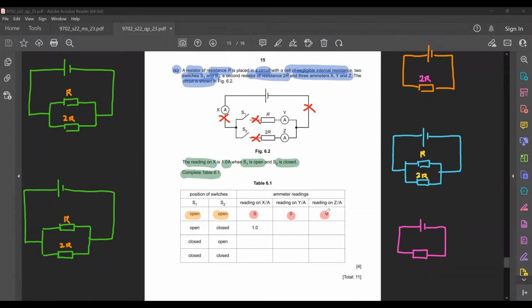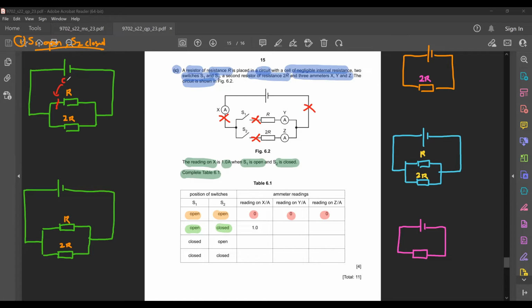Now, if you then look at the next row, where they say S1 is open, S2 is closed, let's consider this case here. S1 open, S2 is closed. So there's an open circuit at the top part of this parallel connection here because the switch was open here.